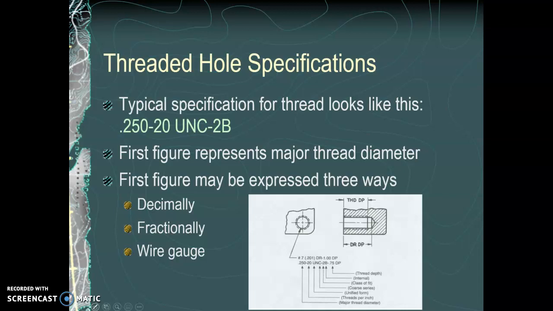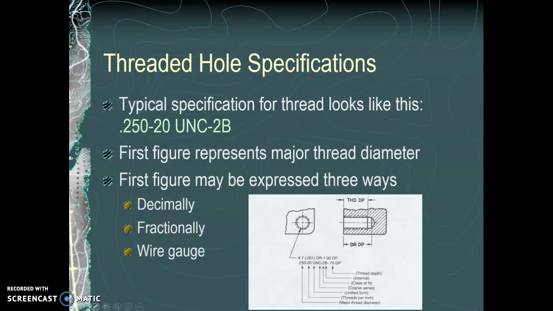Screws and bolts fit into these holes. You can have internal threads inside a hole, and they correspond with the external threads on the fasteners themselves, those grooves that you see going around a screw or bolt. Those are what we call threads.